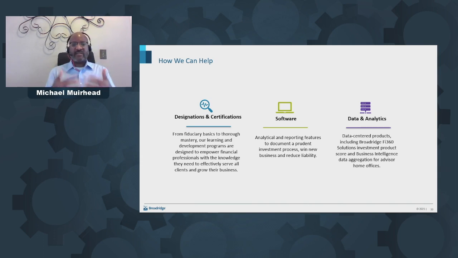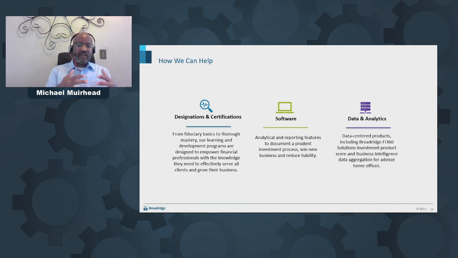And we believe that this is really important for the membership, because what we've heard is that home offices and compliance professionals and advisors that have gone through this training really help mitigate some of the potential challenges that they may run into as it relates to arbitration or litigation risk.